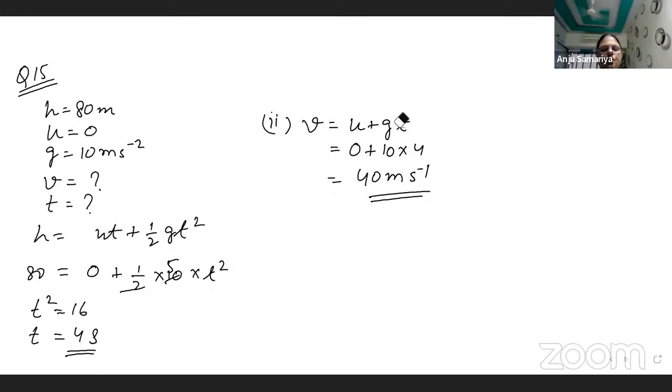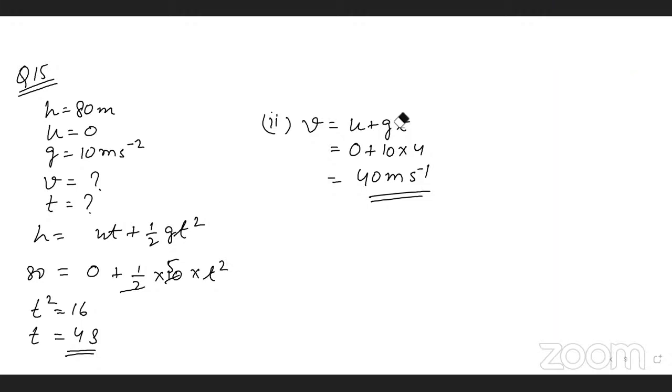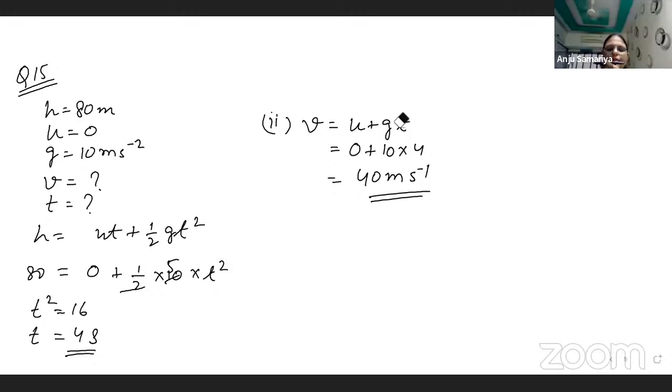Why, Janvi? V square is equal to U square plus 2GH. So then V square, you are getting 40. How? I mistakenly wrote there. No, V square, you are writing V square is equal to U square plus 2GH.